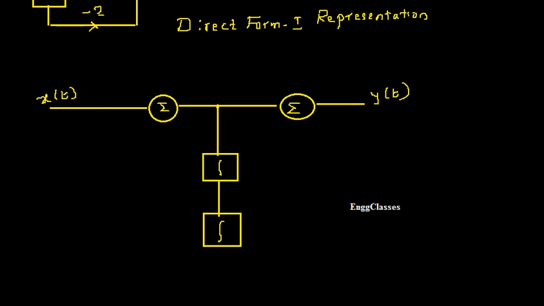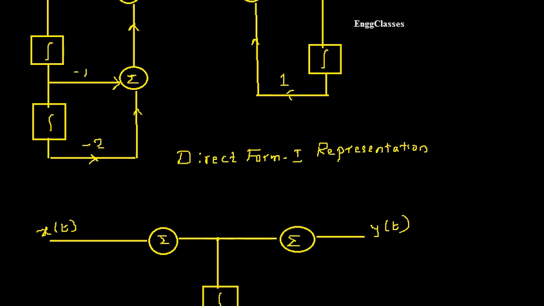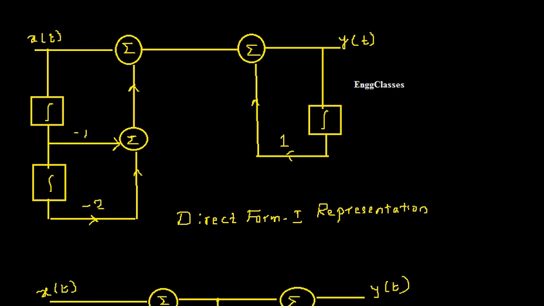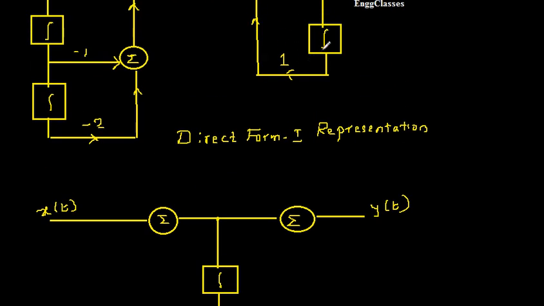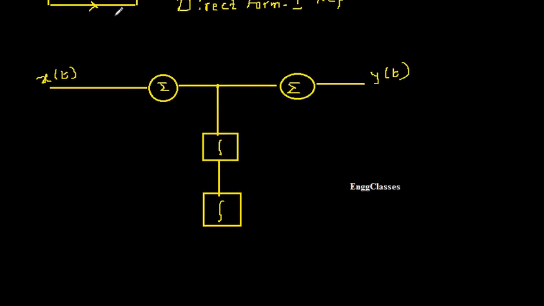Now to get direct form 2, whatever we have on the left hand side for direct form 1, that comes over to the right hand side. Whatever I have here, that comes on to the left hand side. That becomes very easier. So in direct form 1, after the first integration, that is getting multiplied with 1. So that thing I need to draw.